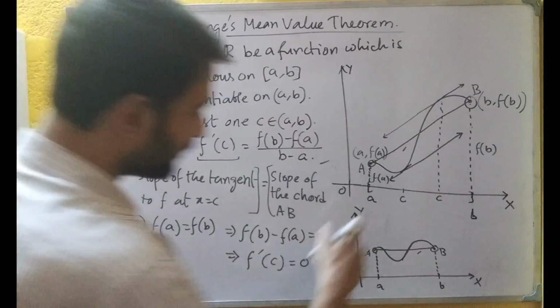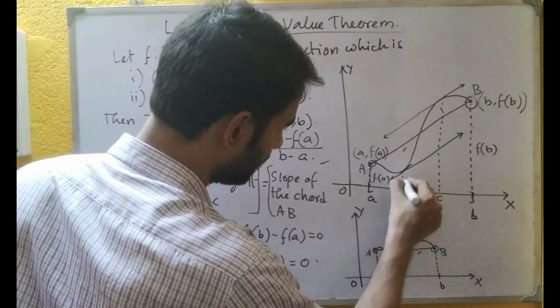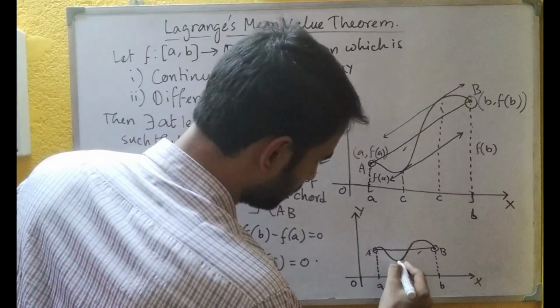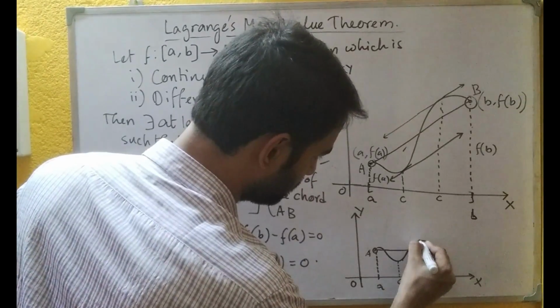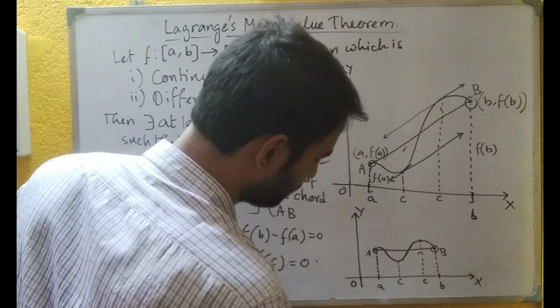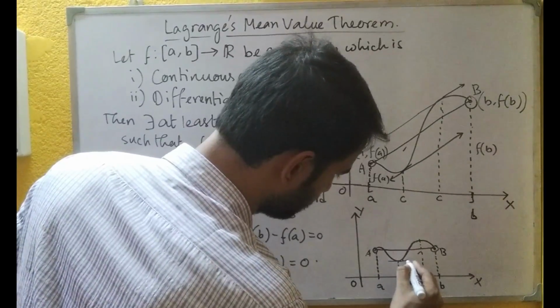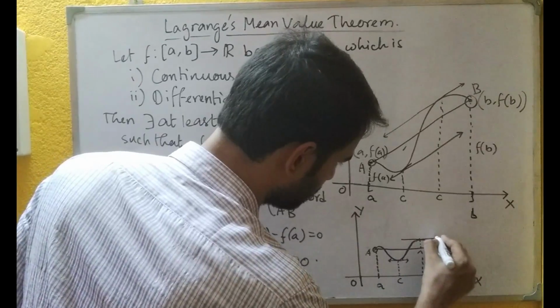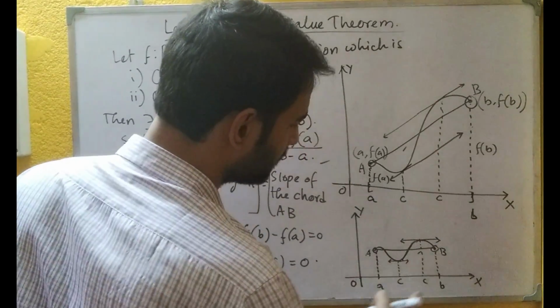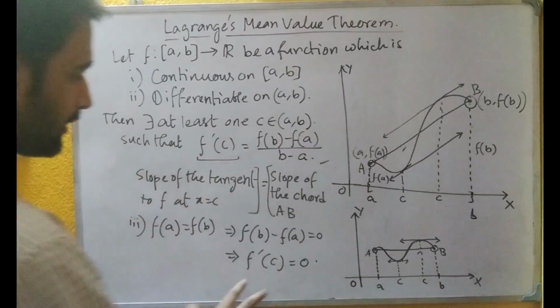So, the tangents we are getting at the point C here, that will be here and also here. Now see, the tangents are also becoming parallel to the x-axis. That means at this point C, f dash c is becoming 0.